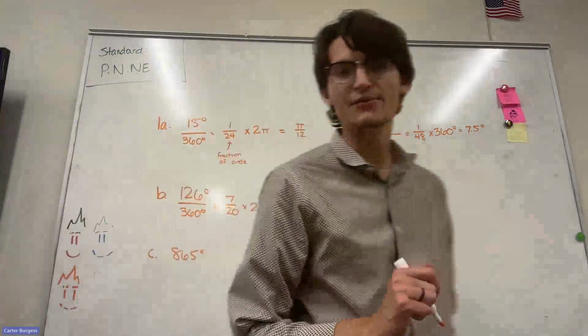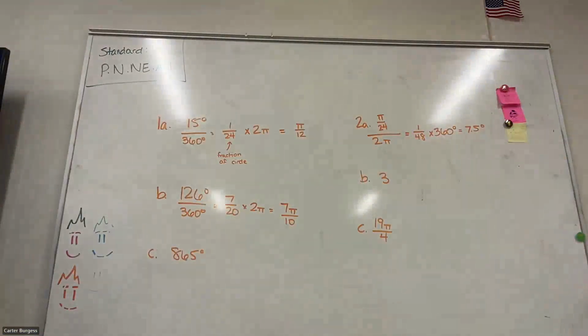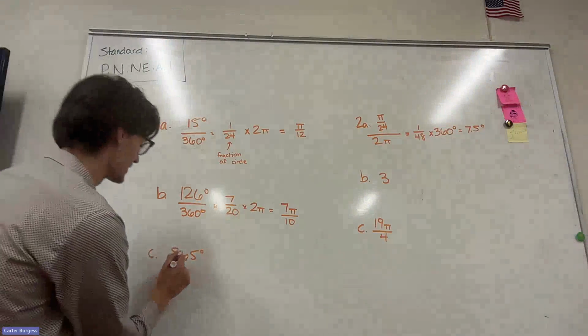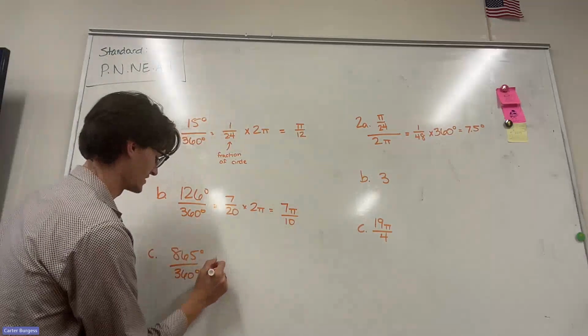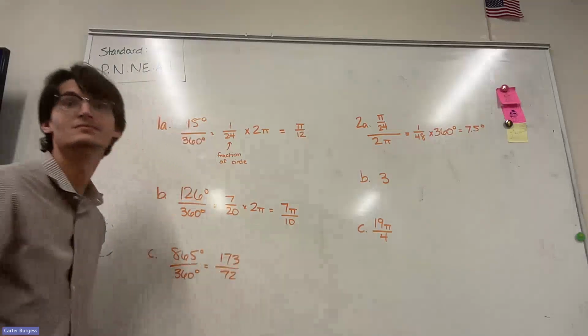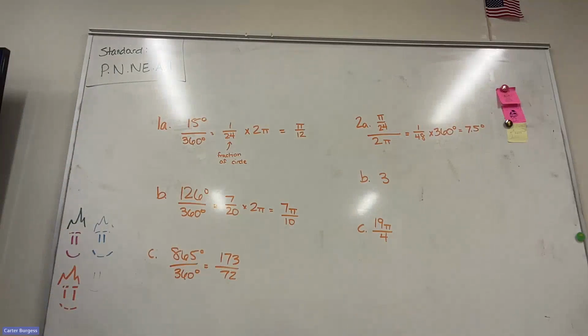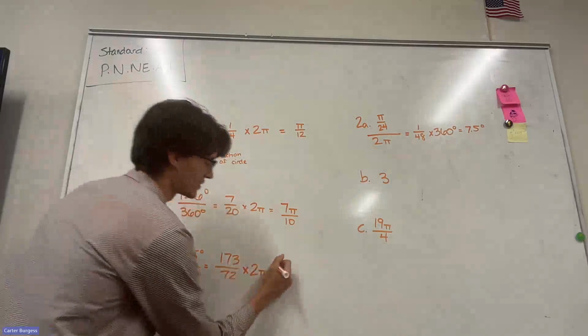For 865, what am I doing? Exact same thing, dividing by 360. This works itself out to be something nasty. It's like 173 over 72. And then we multiply by 2 pi. The 2 is going to cancel here.